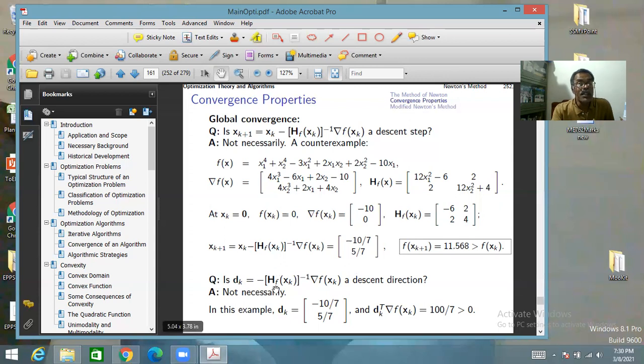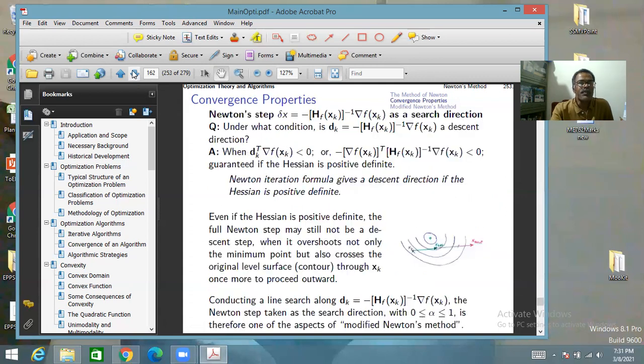Now you ask this question in a different manner. You ask under what condition Newton's step as a search direction would be a descent direction, and that you can answer.